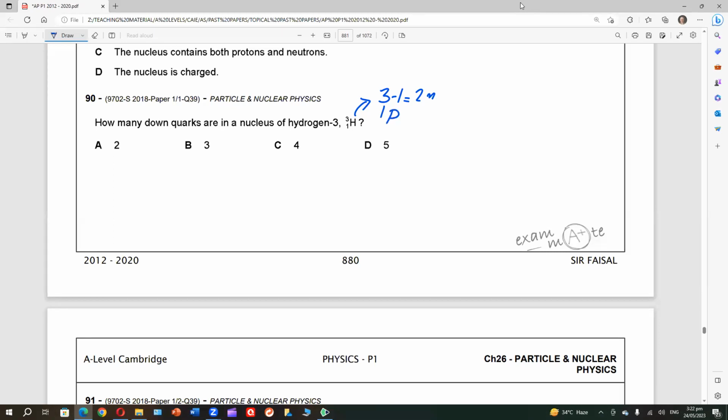So I have 2 neutrons and 1 proton. Can you tell me what is proton, UUD, na? Proton is UUD.